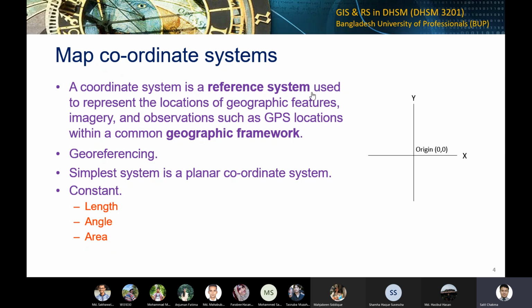Why? Because that article talks about the unavailability of data and the errors in data which are generated for Bangladesh. That article points out that in Bangladesh we do not really have much data, especially when it comes to geospatial data. And not only that, these data are filled with errors.